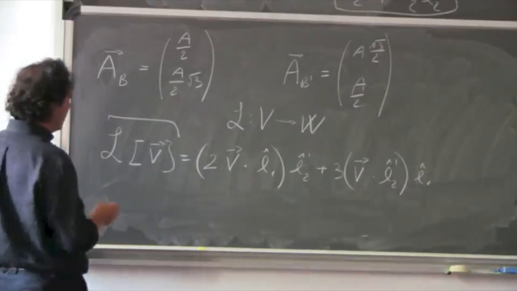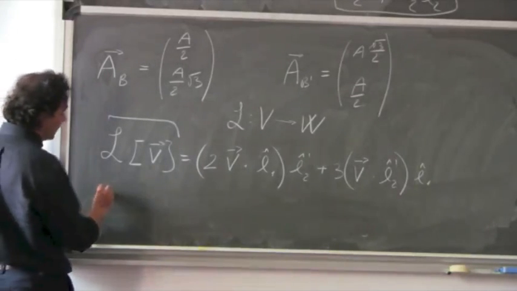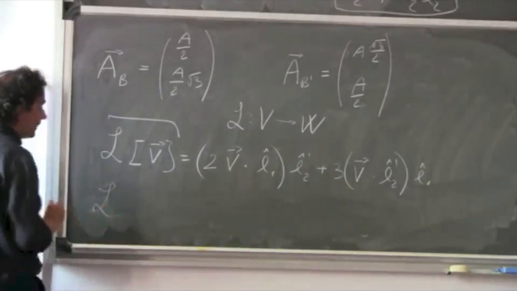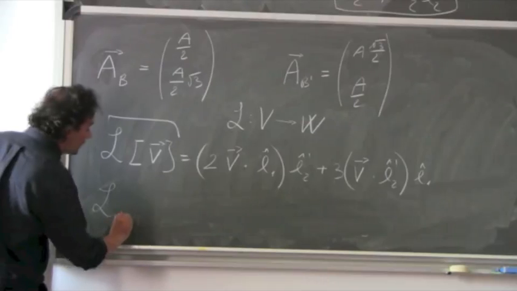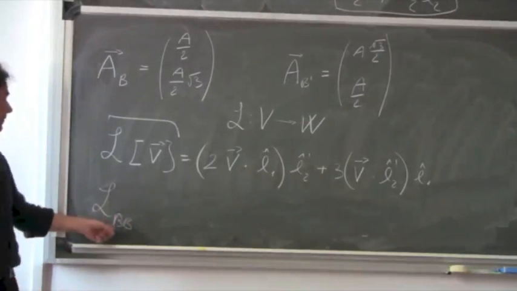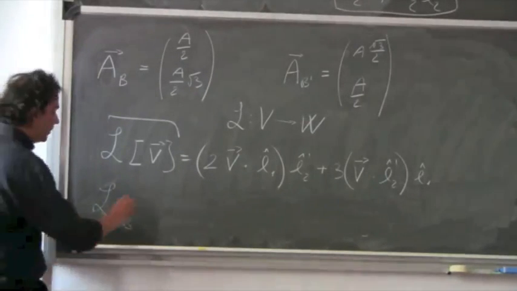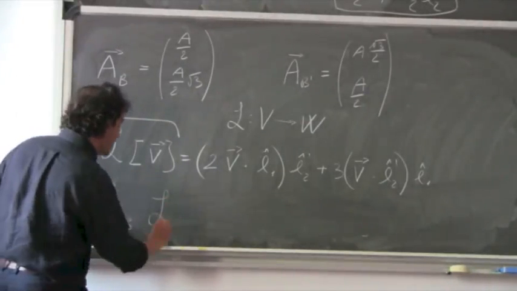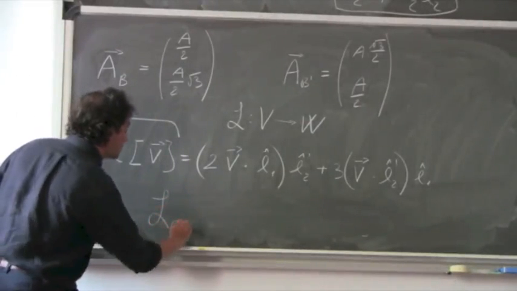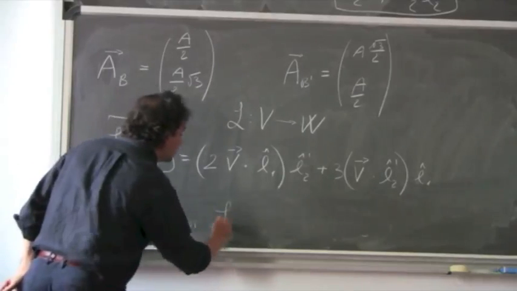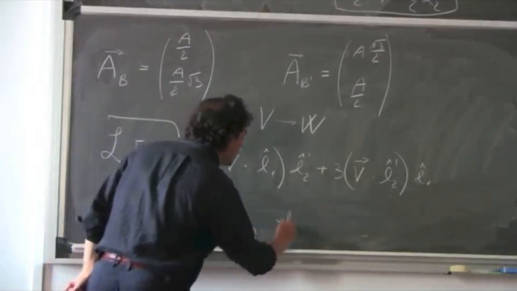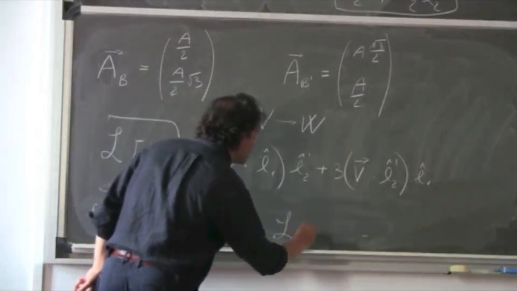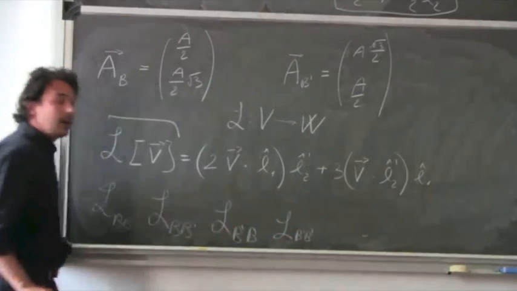In particular, we can see the representation of the linear application L with the basis B. We can also see the matrix L with the basis B prime, the matrix L with the basis B prime B, and the matrix L calculated with the basis B prime B prime.